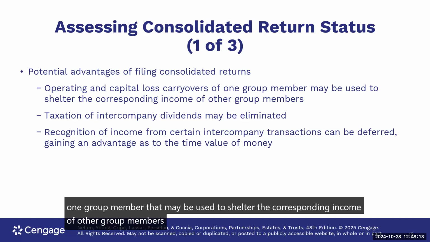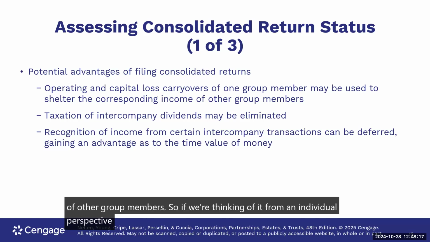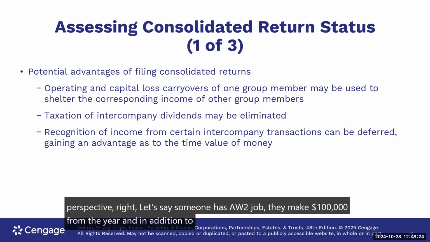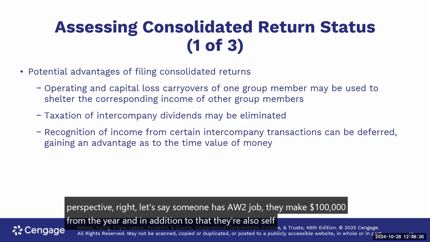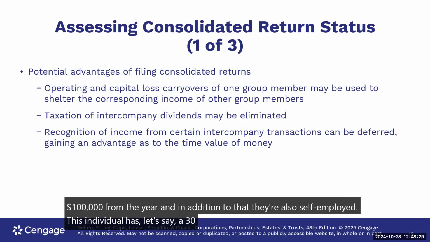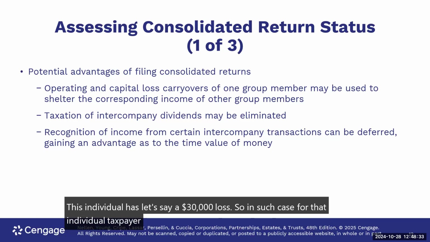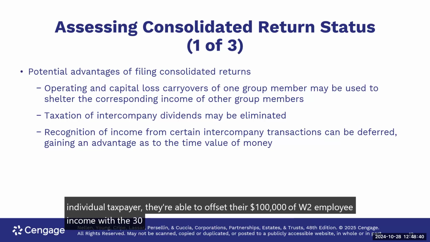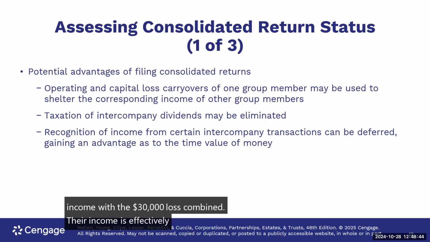If we think of it from an individual perspective, let's say someone has a W-2 job and makes $100,000 for the year, and in addition, they're also self-employed and have a $30,000 loss. That individual taxpayer is able to offset their $100,000 of W-2 income with the $30,000 loss. Combined, their income is effectively reduced to $70,000.